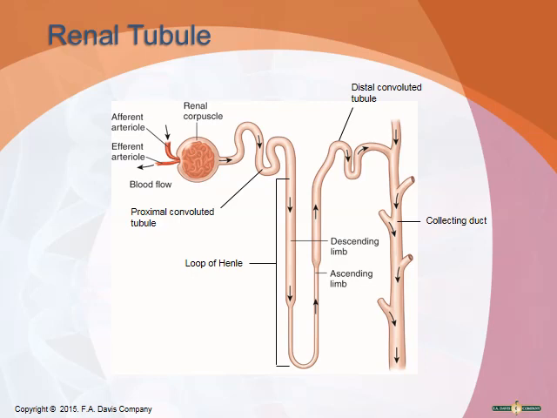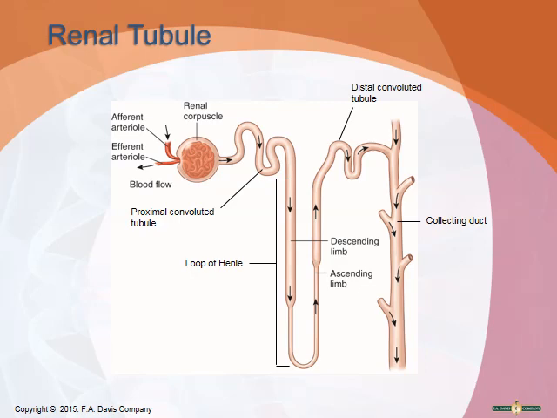And if you remember back to chapter 3 or so when we talked about cells, the purpose of microvilli is to increase surface area for absorption. So those microvilli in that proximal convoluted tubule increase the amount of substances that can get absorbed through it.